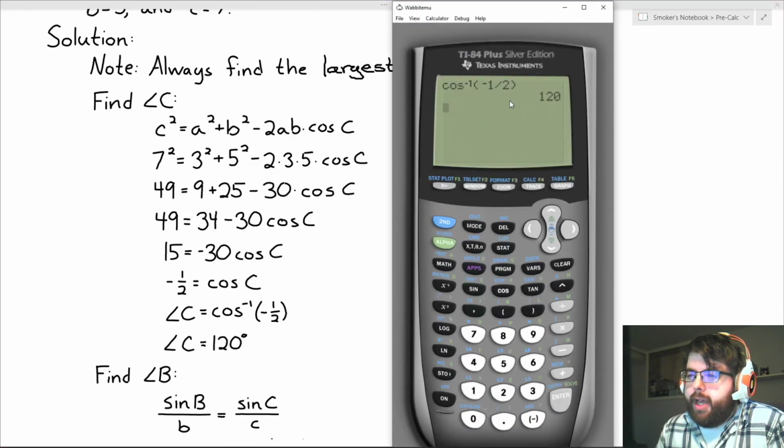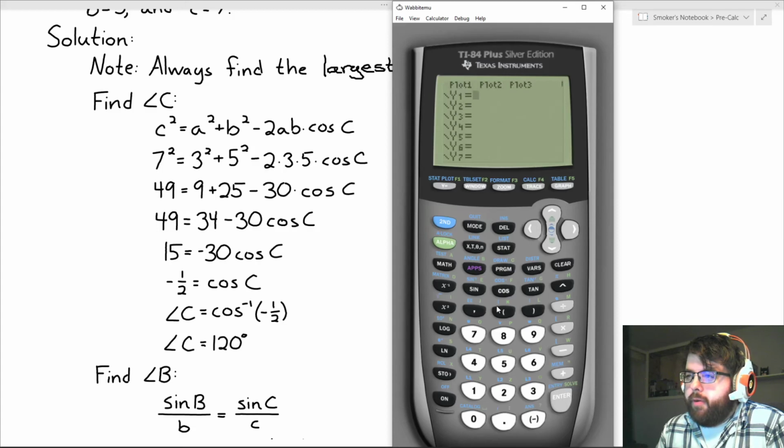Sine had the issue that when you did the inverse, you had to think of two angles, both the one in the first and in the second quadrant. Cosine is negative in the second and positive in the first, so it doesn't have that issue. The problem with sine is that it's positive in the first and second, so it's going through every value twice between 0 and 180.